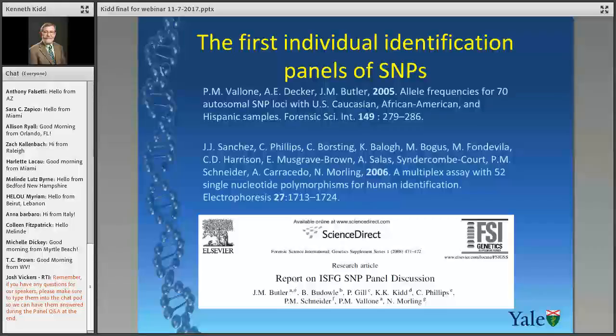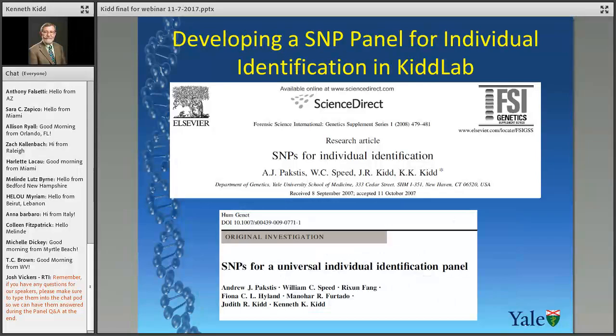The first panels of SNPs for individual identification were published in 2005 and 2006, and these were discussed in a panel report at the International Society of Forensic Genetics meeting in 2007. Dr. Phillips will talk a bit more about that later this morning.